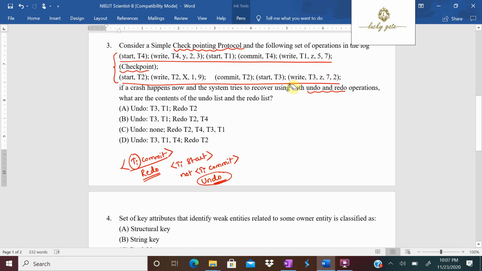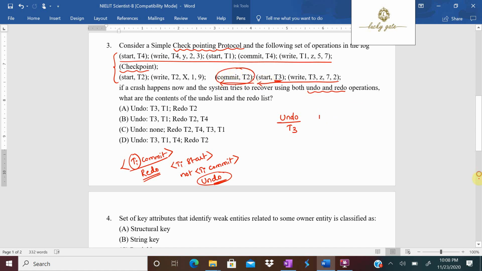Observe the log scanning from backwards. When I was scanning the log backwards, here I found there is only a start T3 log but no commit T3 log, so T3 is going to be added into the undo list. And scanning backward, here you can see commit T2 is there.